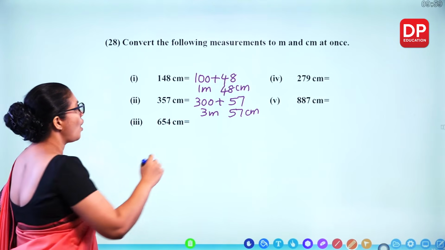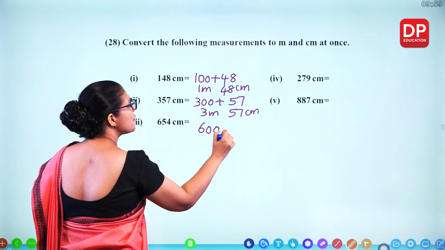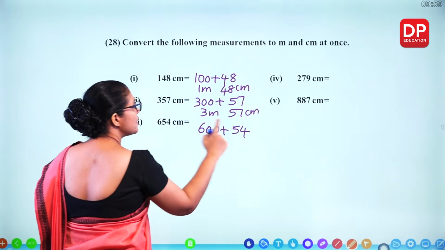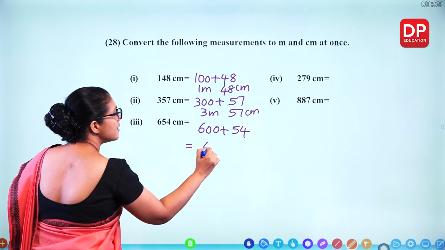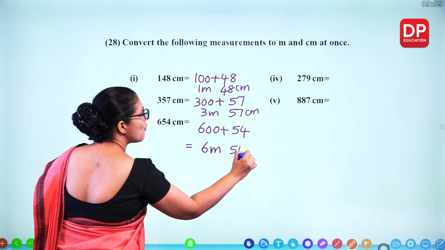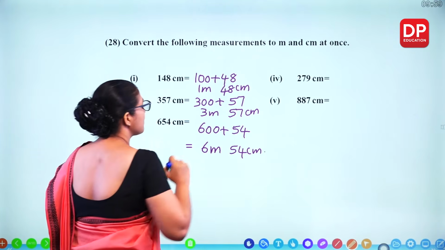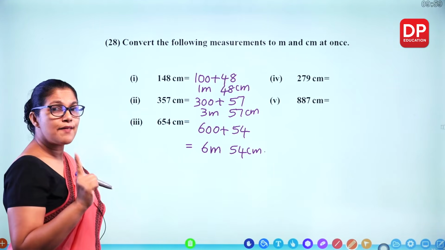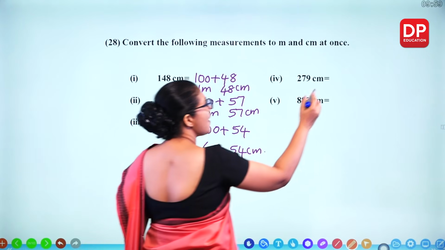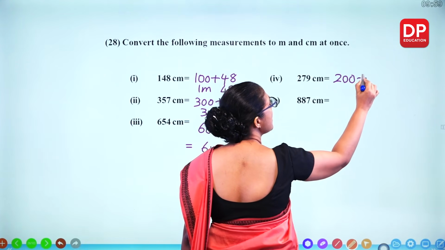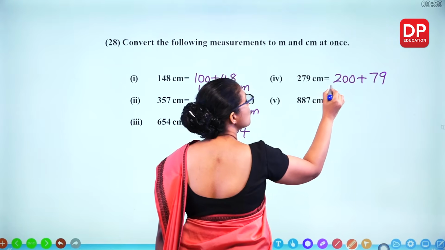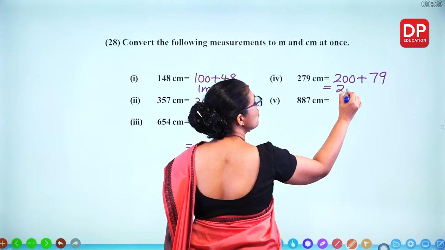654. I can write 600 plus 54. Divide this by 100, that's 6 meters and 54 centimeters. 279 centimeters. I can write 200 plus 79. 200 divided by 100 is 2.